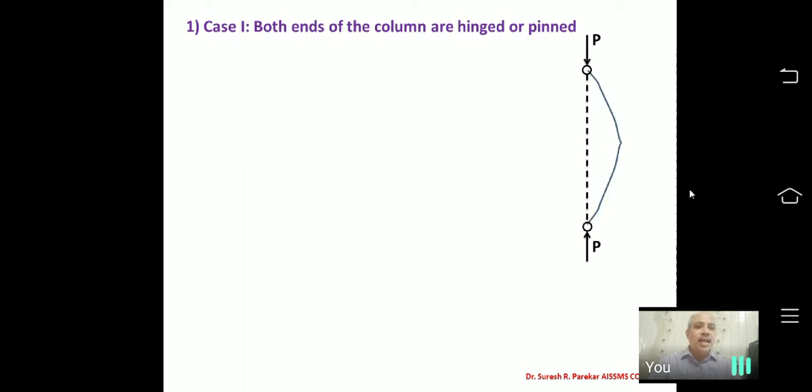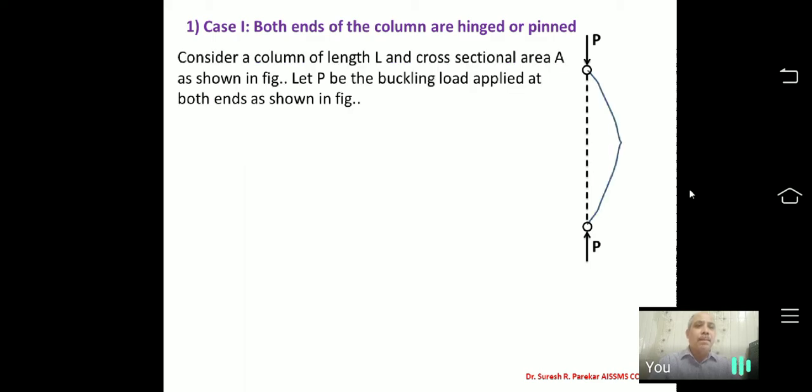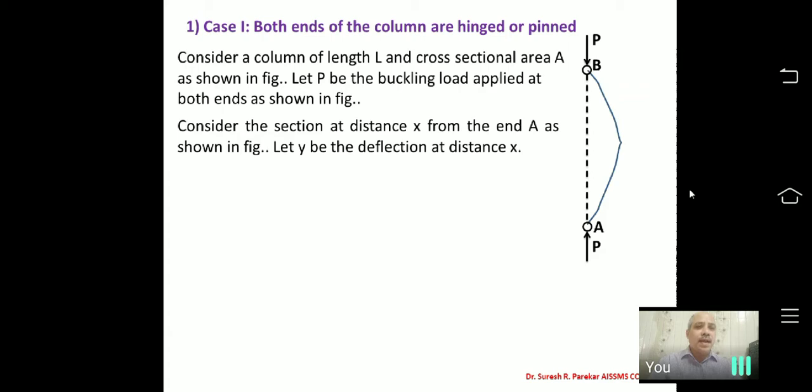Now we will consider a column, and P be the compressive force applied to the column. L be the length of the column, as shown in the figure. Now we consider a section after buckling at a distance x from support A, and let y be the deflection at that distance x.